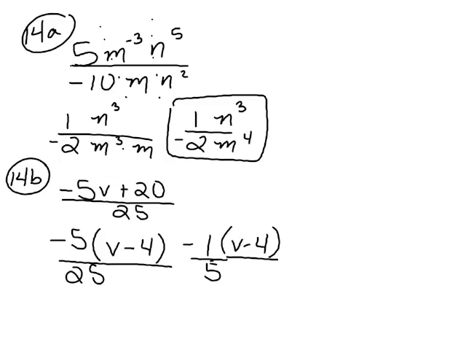I can leave it like that, or I can distribute that negative 1 back through. So I would have negative b plus 4 on top over 5 on bottom. Either one's okay, because they're the same thing written a different way.